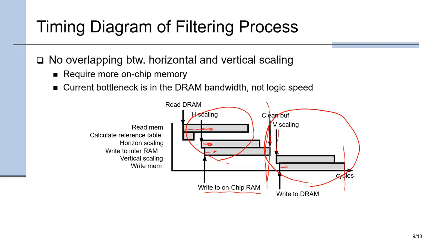So it does not make sense for us to try to overlap the horizontal and vertical scaling processes, because that will make the control logic quite complicated, and it doesn't really give us much advantage, because most of the time we'll just be waiting for data to come from the DRAM and to be written out to DRAM. So memory bandwidth is the current bottleneck in the proposed system.